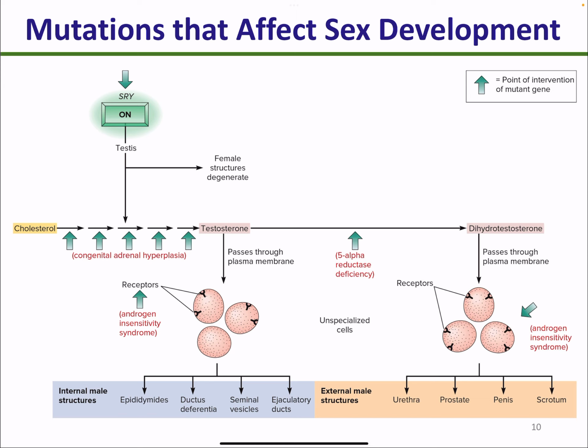So when the SRY gene is present and active, because the gene can be present and not be active, right? So when the SRY gene is present and active, it turns on, it's going to cause the formation of testes, right?